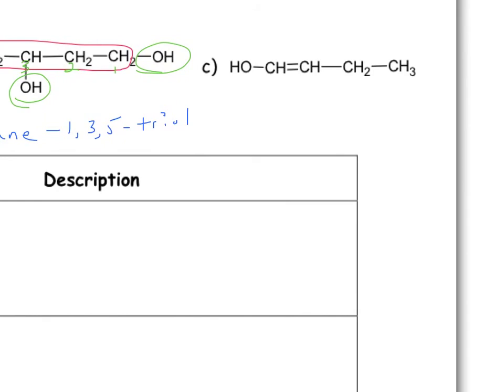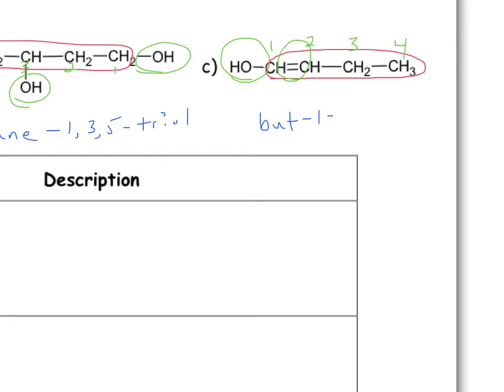Molecule C. My parent chain is the 4 carbons going horizontally across the page. I have to indicate there is a double bond and a hydroxyl group on this molecule. Because I have 4 carbons, my root will be but-. And I have a double bond, so I will use the suffix -ene. Now I need to label my chain so that the double bond gets the lowest possible number, because double and triple bonds take numbering priority over any other functional group.